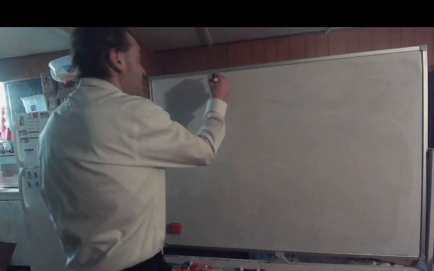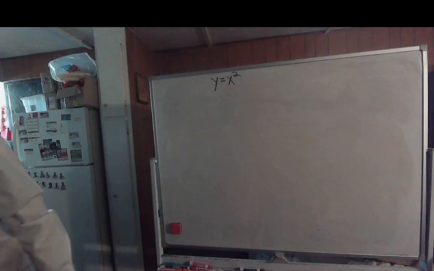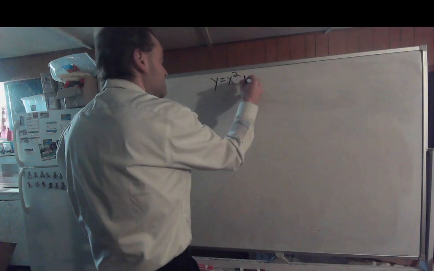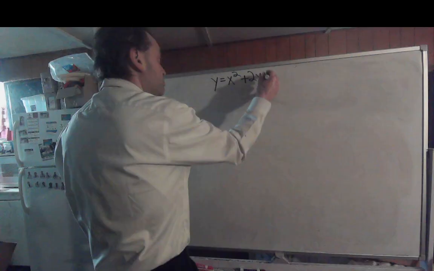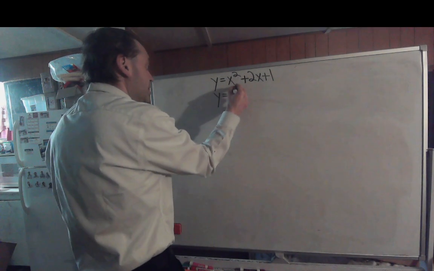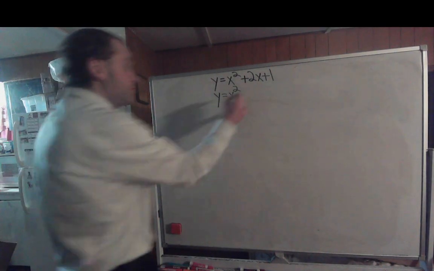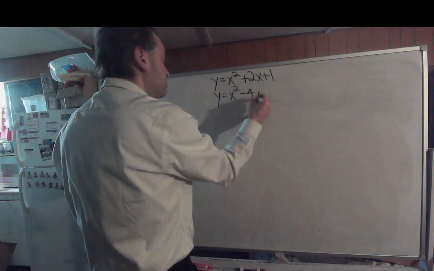Let's say we had y equals x squared plus 2x plus 1. And then you got y equals x squared minus 4x plus 4.